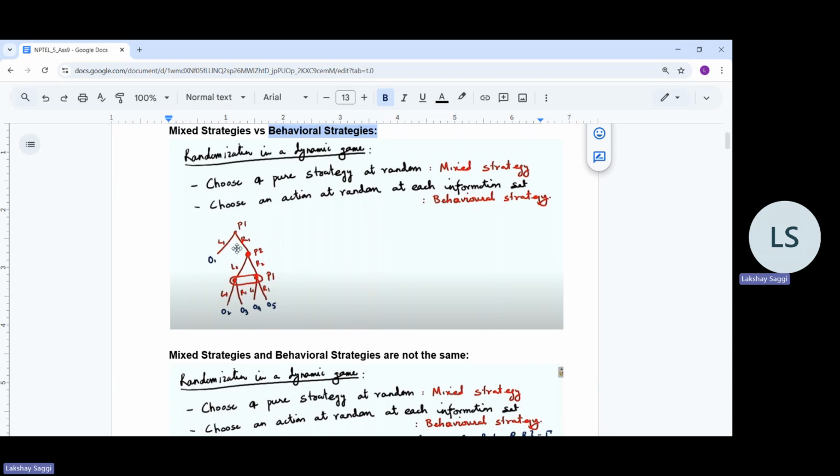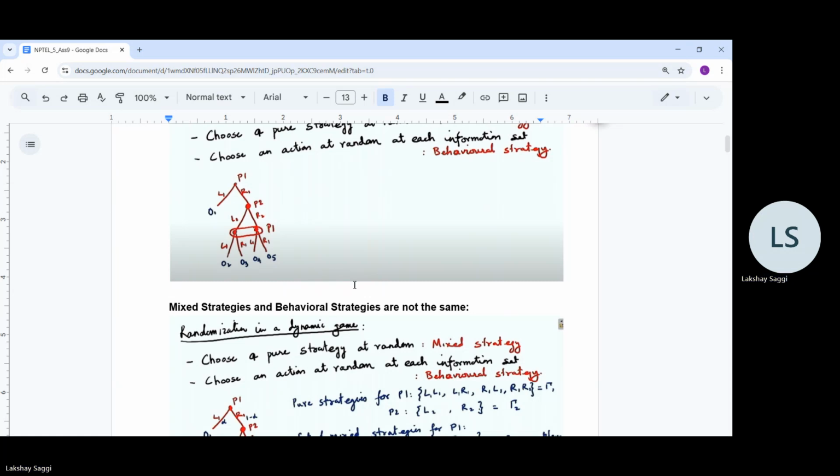Player one plays first L1 or R1. If he plays L1, the game finishes. If he plays R1, then player two plays something. Now both of P1's nodes are in the same information set, which means that P1 can't distinguish between what L2 and R2 has played. And now he again has to play something from L1 or R1. So consider this a perfectly valid extensive form game.